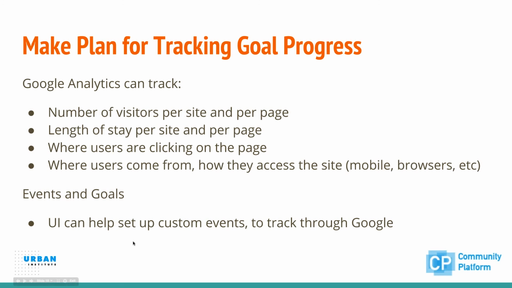So for example, if you had a goal of having people use the map more or in more depth, instead of just tracking how many times people land on the map page, we could set up a specific event of tracking how many times they actually click the Map It button. So you know if someone is doing it 10 times, they're viewing 10 different maps, or are they just looking at one.